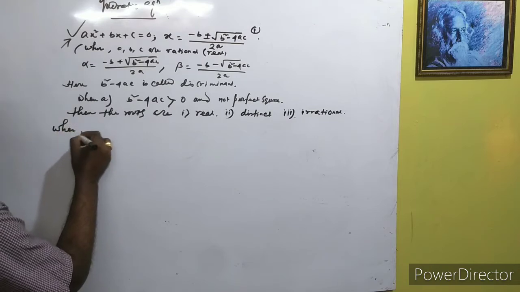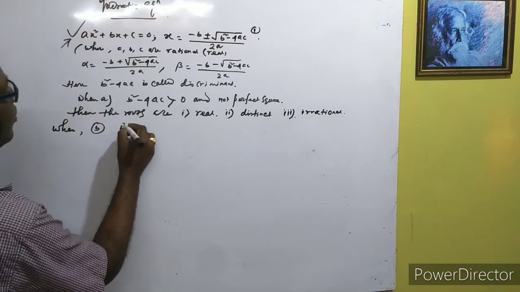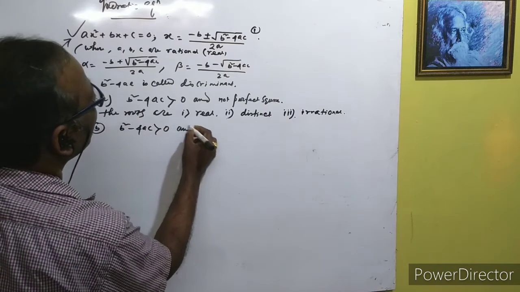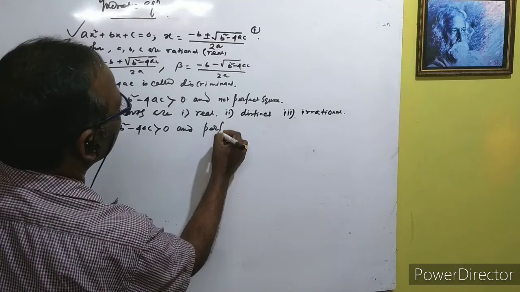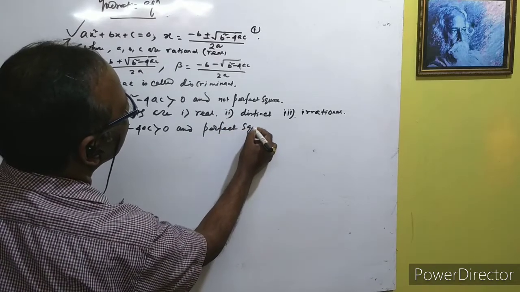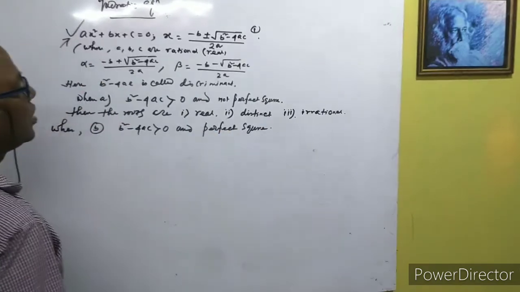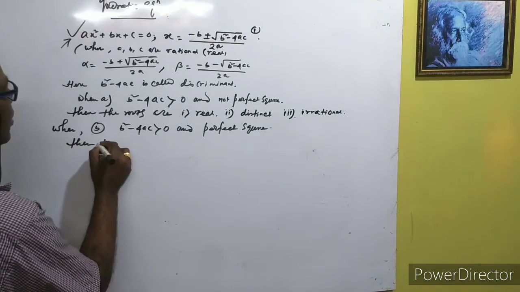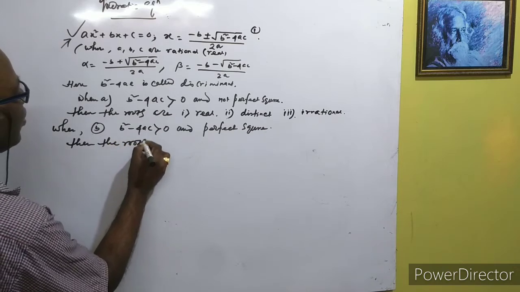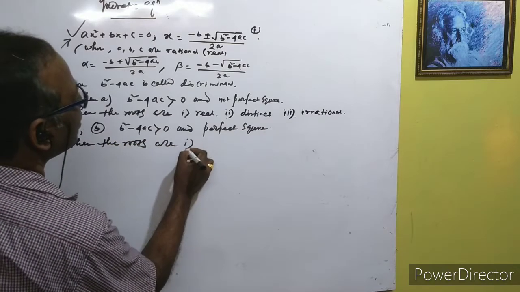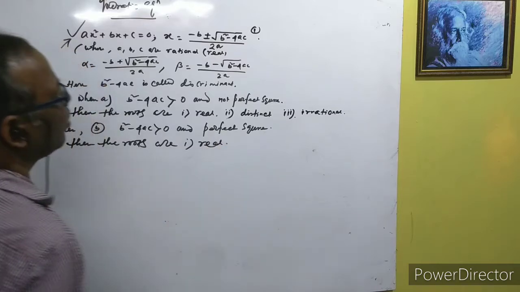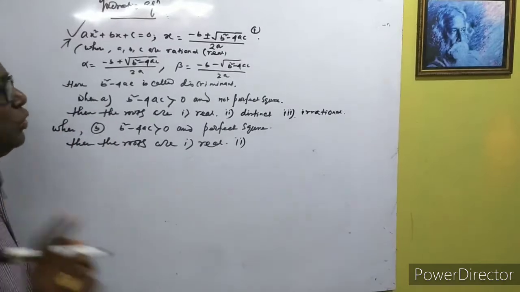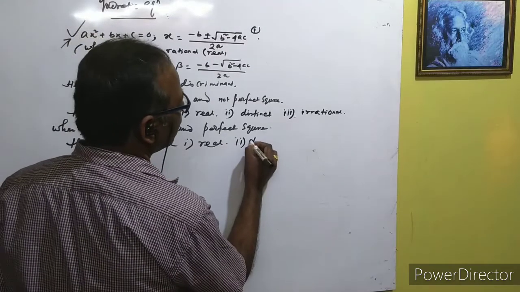When b square minus 4ac is greater than 0 and a perfect square, then the roots are, number 1, real, which is confirmed as it is greater than 0. Number 2, we also get two different solutions, that's why the roots are called distinct.